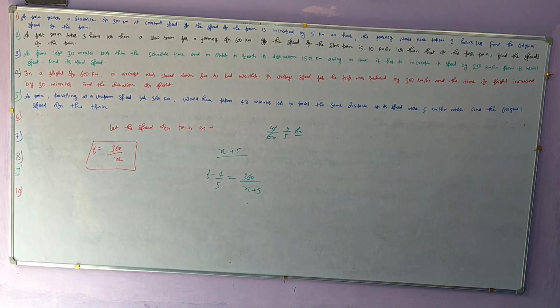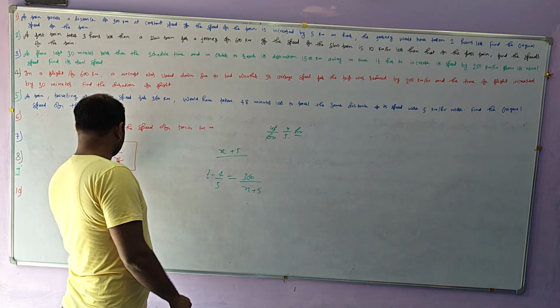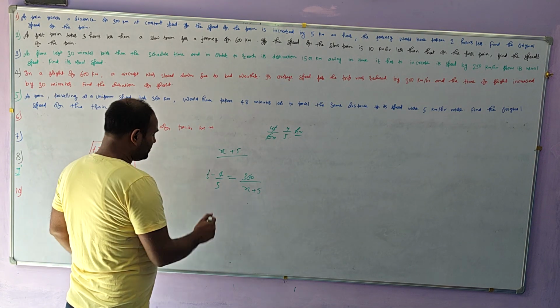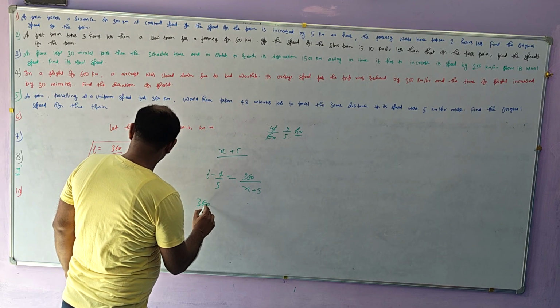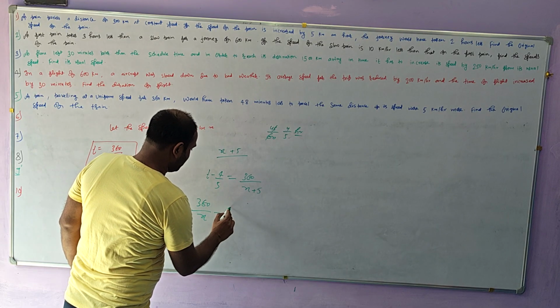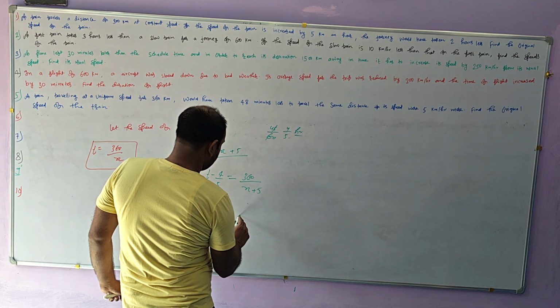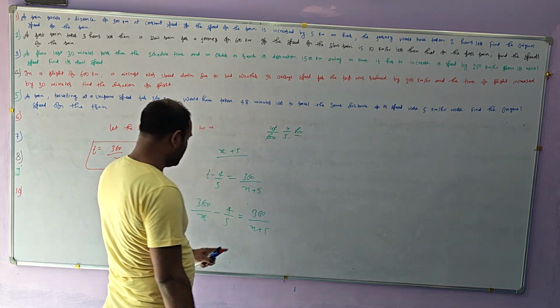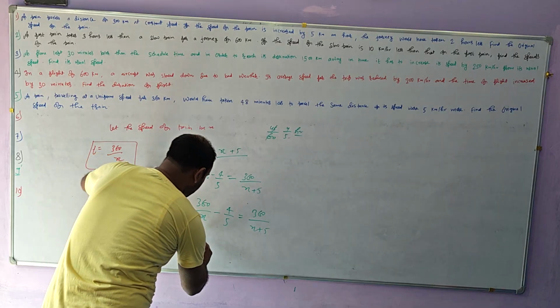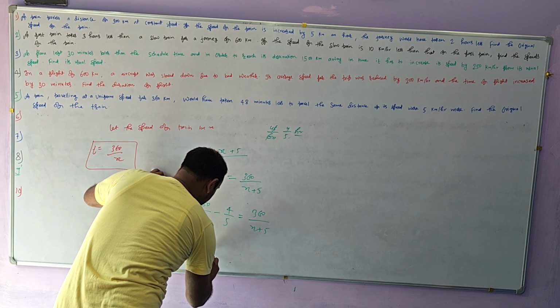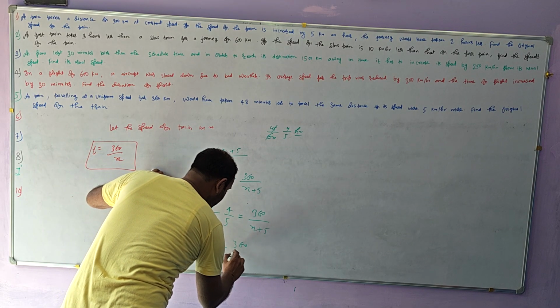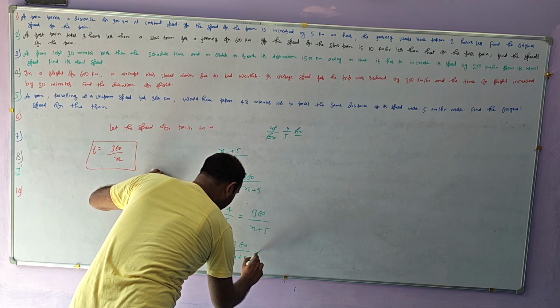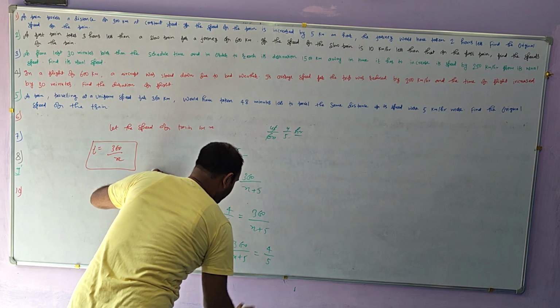Now we can easily put this 360 upon x minus 4 upon 5 is equal to 360 upon x plus 5. Now we can transfer this: 360 upon x minus 360 upon x plus 5, that is 4 upon 5.